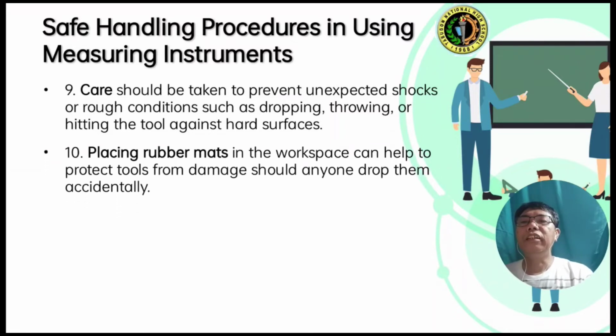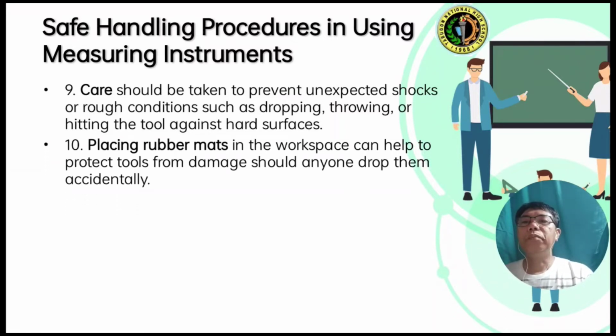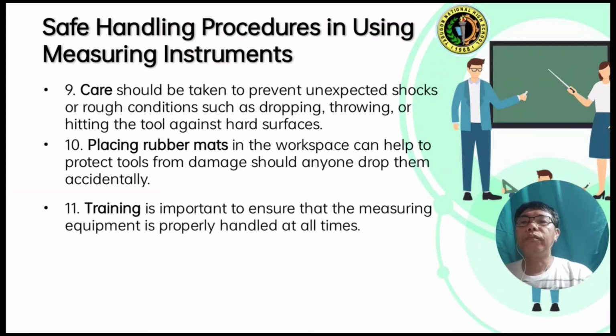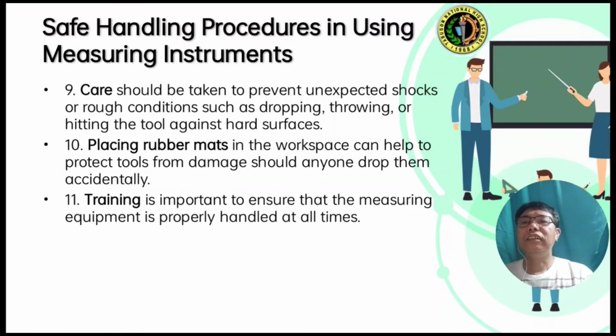And number 10, placing rubber mats in the workplace can help to protect tools from damage should anyone drop them accidentally. So, if possible, you have to place a rubber mat. And number 11, it is important to have training to ensure the measuring equipment is properly handled at all times.